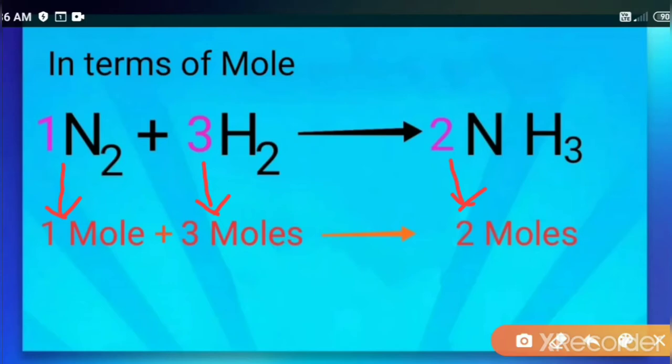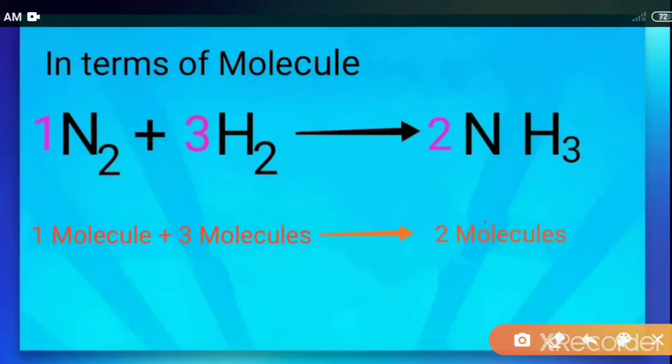Let us define the equation in terms of molecules: 1 molecule of nitrogen reacts with 3 molecules of hydrogen to give rise to 2 molecules of ammonia. So this is the definition in terms of molecules.